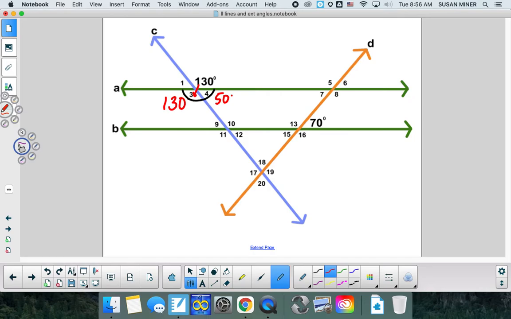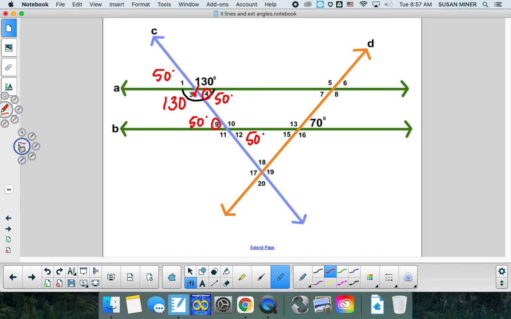And so then I can say, hey, angle number 1 is vertical, so it has to be 50 as well. And I'm just kind of using my angle relationships to help me figure these out. I also know 4 and 9 are alternate interior angles, and so 9 has to be 50 as well. That makes 12 have to be 50 because it's a vertical angle.